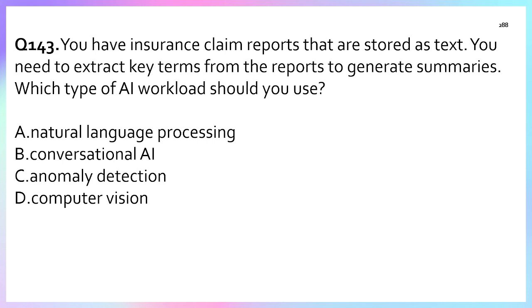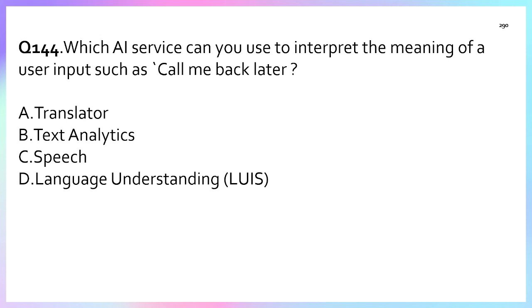Option D, computer vision. Computer vision is used for image or video processing, to identify entities in an image. So this will also not work. So the correct answer is option A, natural language processing.